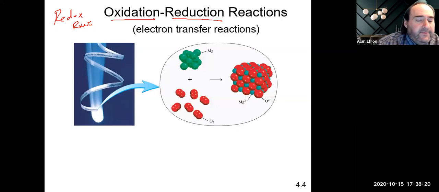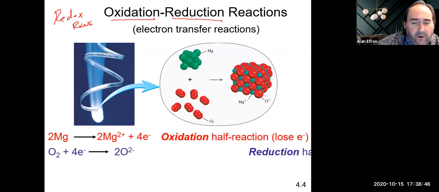This usually involves a transfer of electrons. Those two things always occur together. If something gets oxidized, then something gets reduced, and vice versa. If something gets reduced, something definitely will go through oxidation. They always occur together, both of those processes.